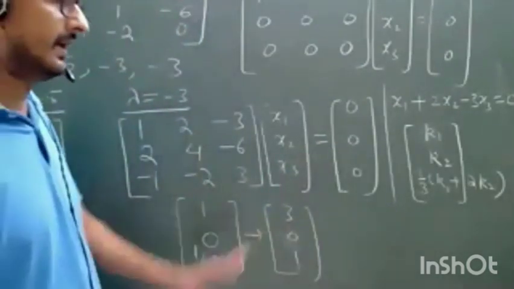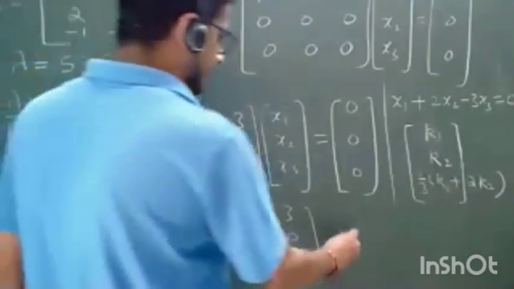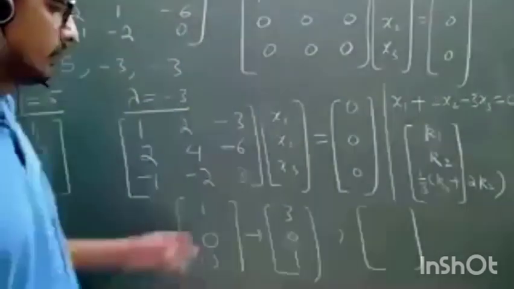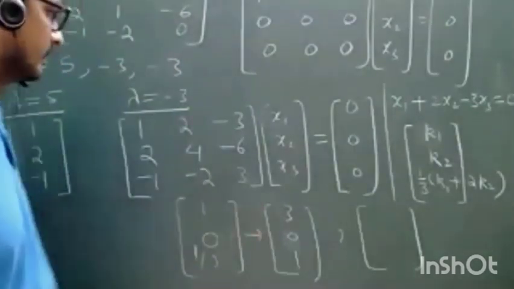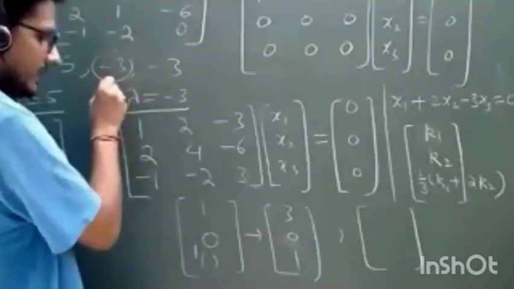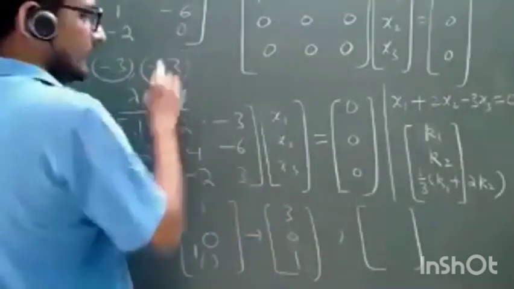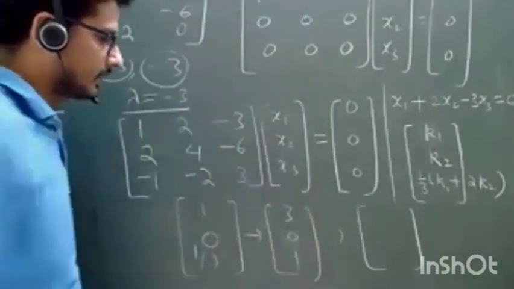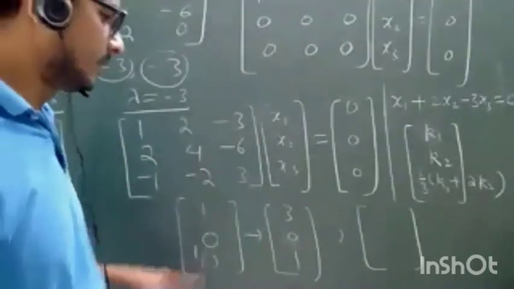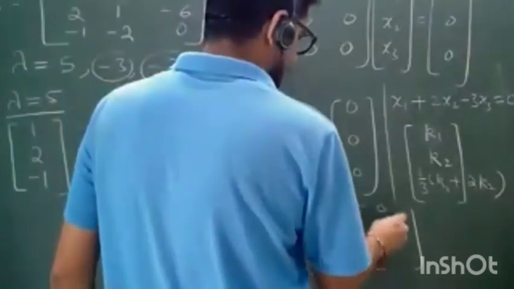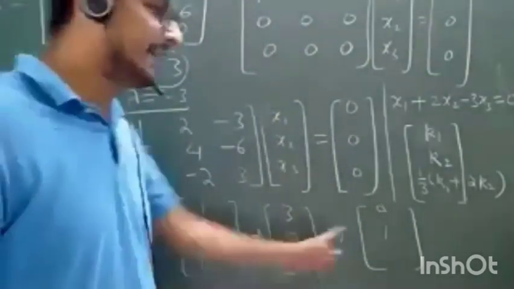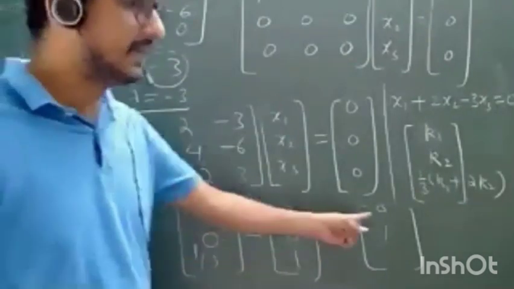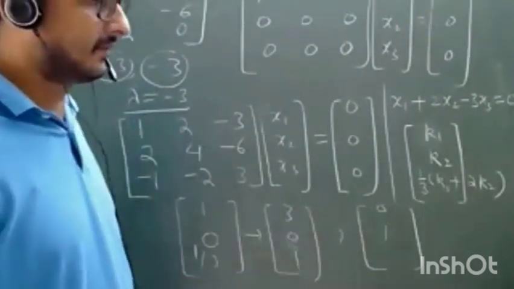This is one vector, and another vector corresponds to the same eigenvalue. Please understand this point very carefully: you should write linearly independent vectors. Corresponding to lambda equal to minus 3 there are degenerate values. Here I took 1, 0; this time I will take 0, 1, so that they are always linearly independent, because if one value is non-zero in one and zero in the other, they can never be written in terms of one another.